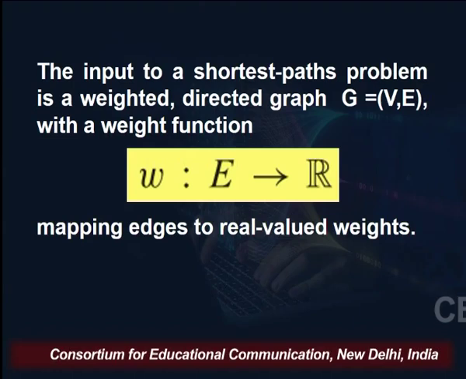So we give a graph of vertices and edges, and each edge has a real valued weight on it. This was about the input to a shortest path problem.